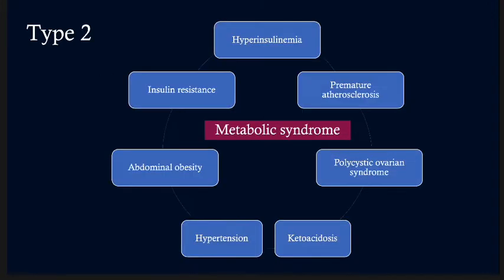diabetes mellitus. Whereas type 2 diabetes is usually related to something called metabolic syndrome, the main core of which is insulin resistance.